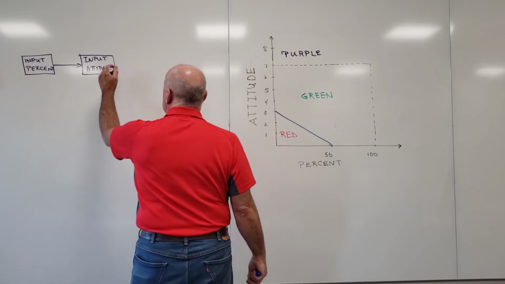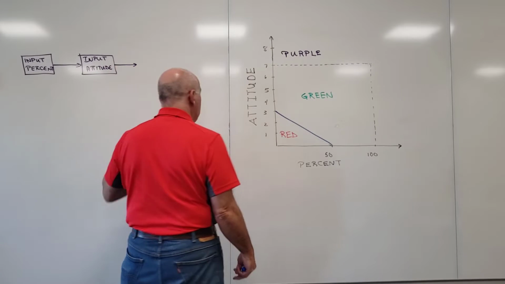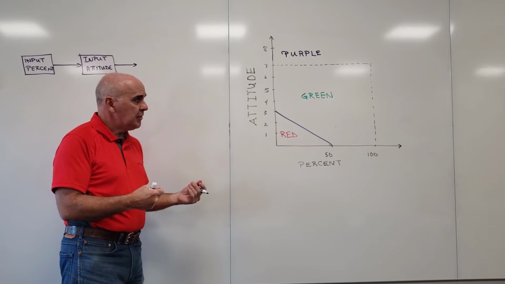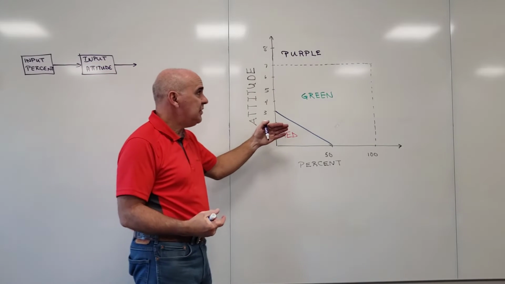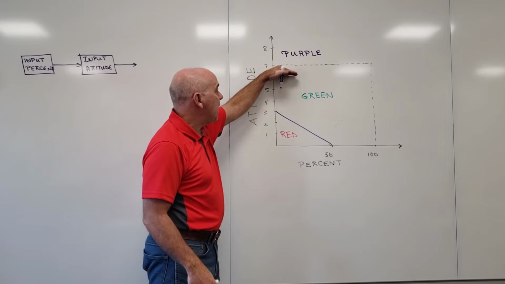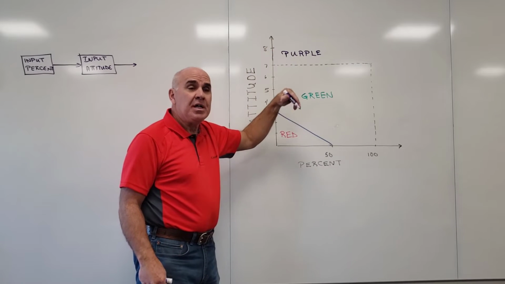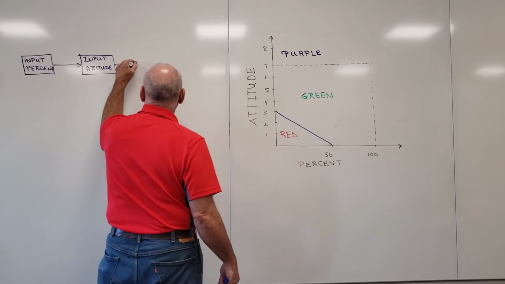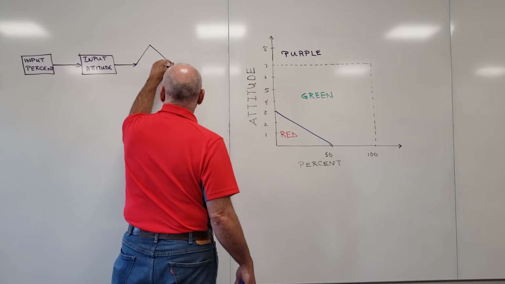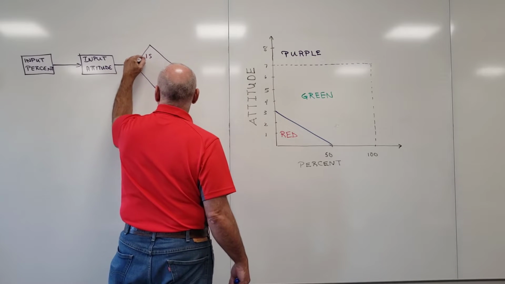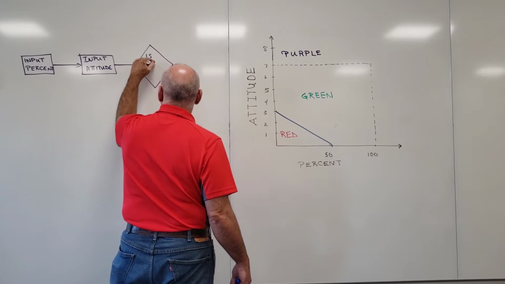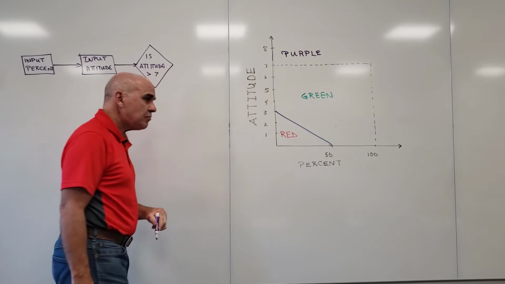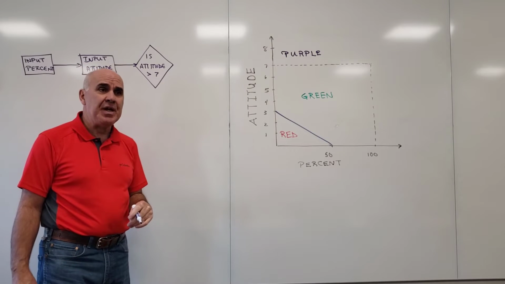Then what do we do? Well, now I have to make some decisions. There are a lot of decisions to be made. With a function like this, or a graph like this, we want to start with the easiest decision, and that is whether the attitude is above 7 or below, because if the attitude is above 7, I know it's in the purple region. So that's a decision process. I'm going to say, is the attitude greater than 7?